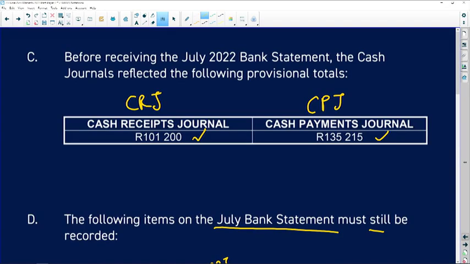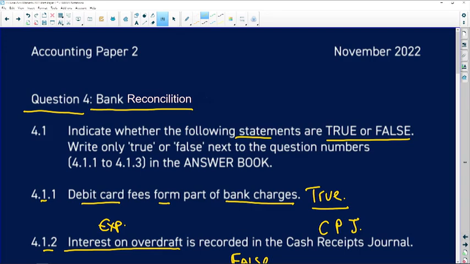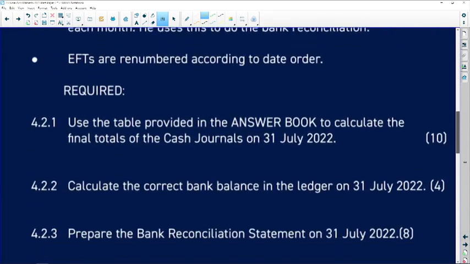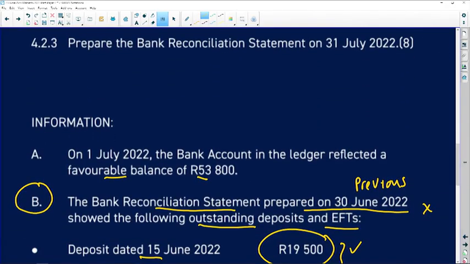If we go to the very first bit of info, on the 1st of July, the bank account in the ledger reflected a favorable balance of 53,800. So remember, a favorable balance is obviously a debit.